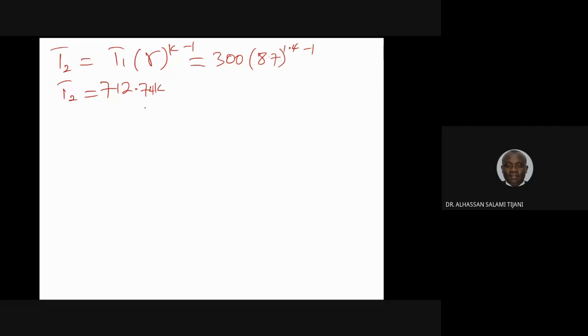Okay, so now we know T2. And with this information, we can also determine T3. So how do we determine T3? We know T2 already. We know that Q in is given by CV times T3 minus T2.